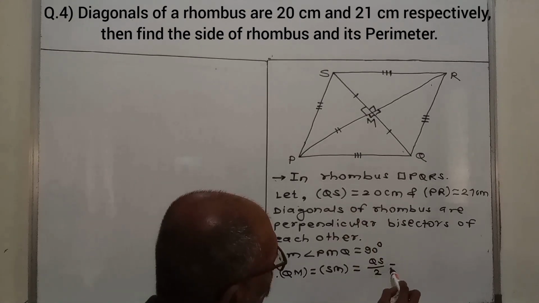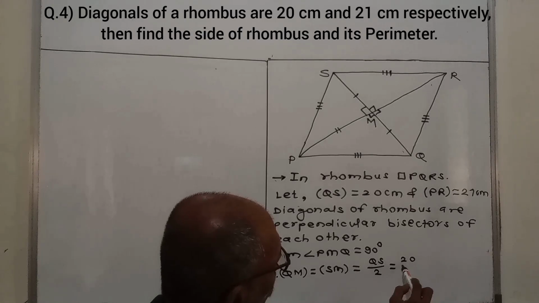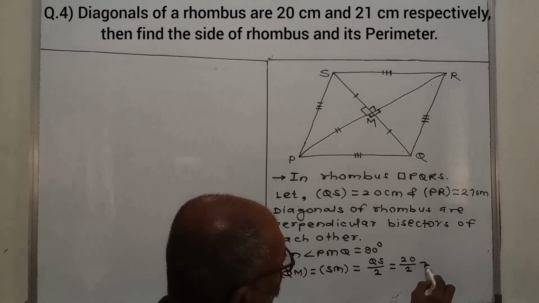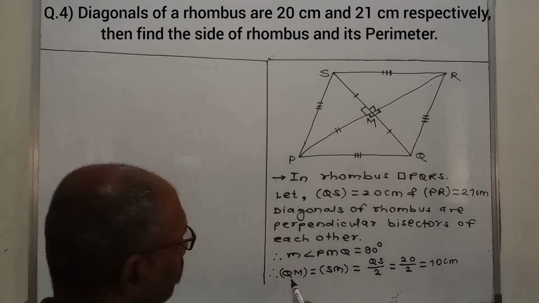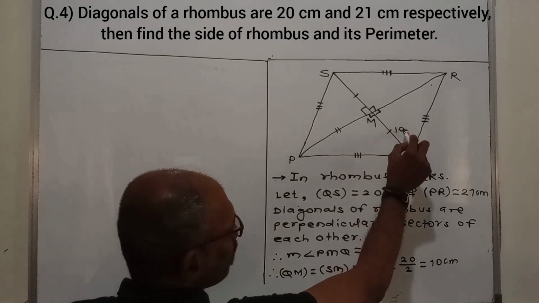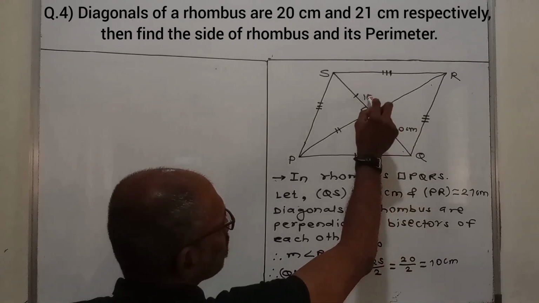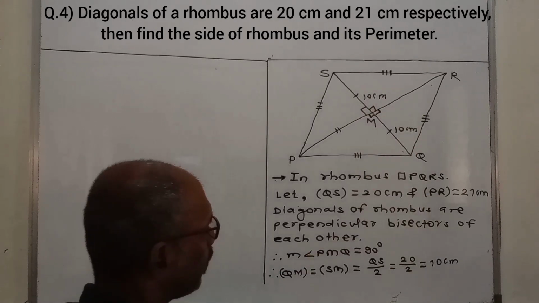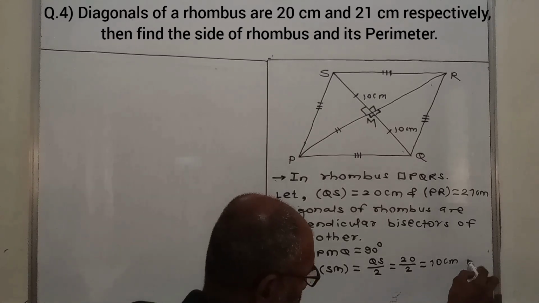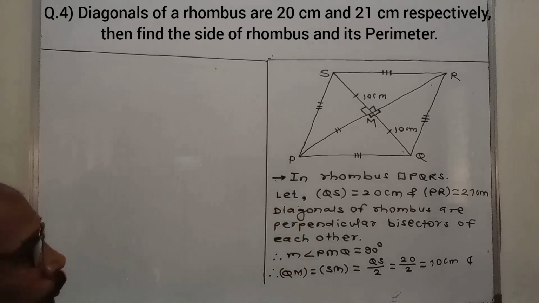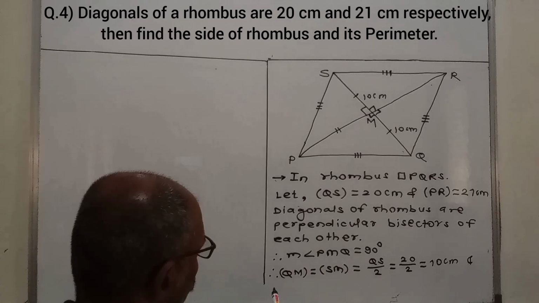QS upon 2 means 20 centimeters upon 2 means 10 centimeters, so QM is 10 centimeters and SM also 10 centimeters. Did you get it? And same way for this.